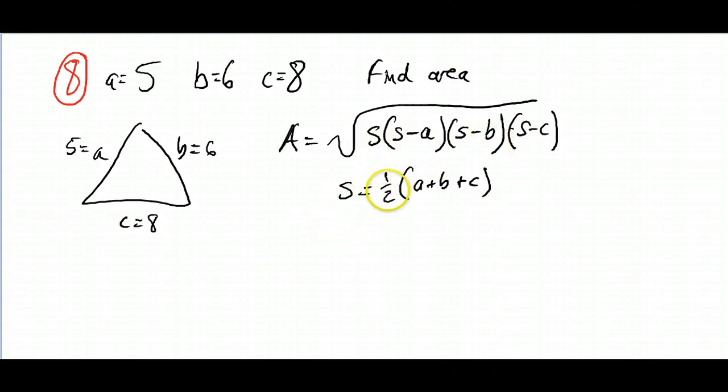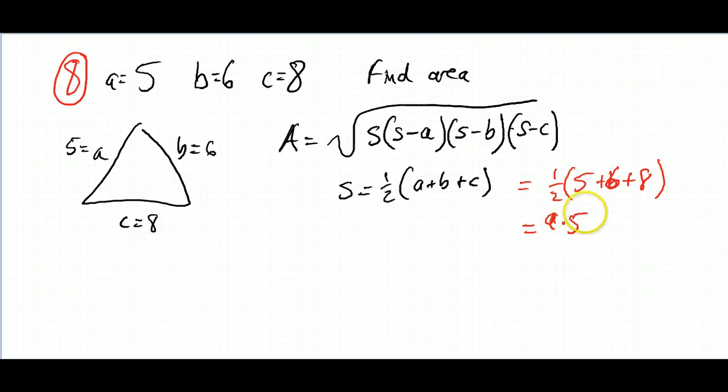First of all, let's work out S, the semi-perimeter. For this triangle, we've got to go half times A plus B plus C. A is 5, B is 6 and C is 8. So 5 plus 6 plus 8 equals 19. So it's going to be half of 19, which is 9.5.